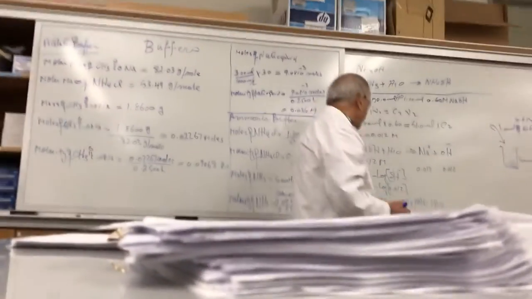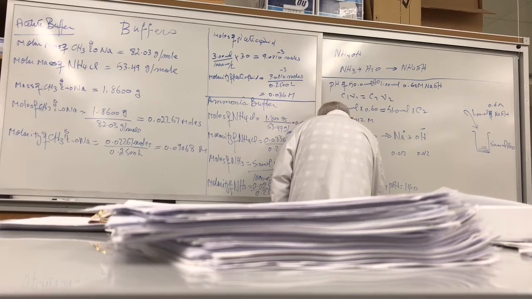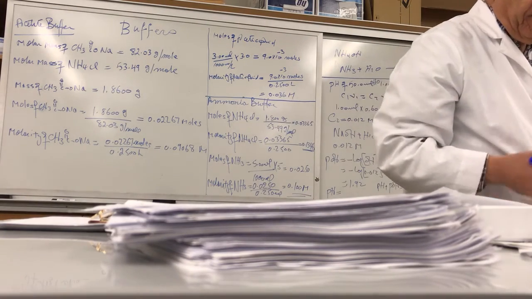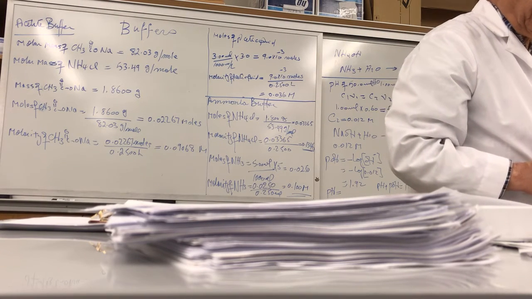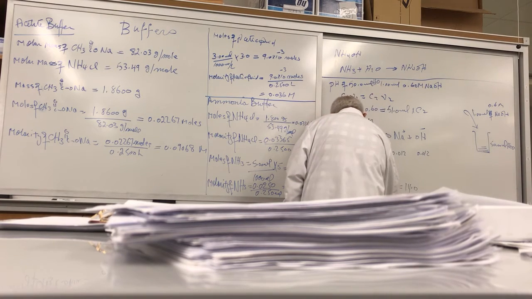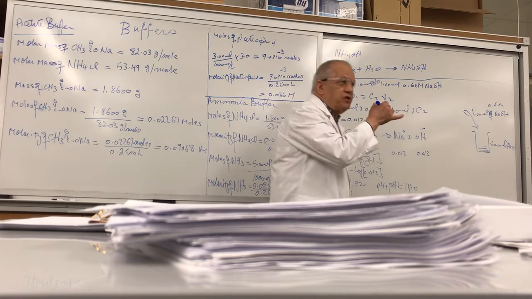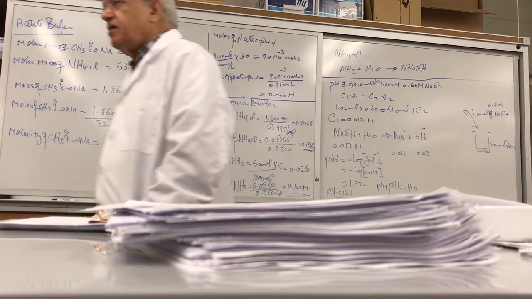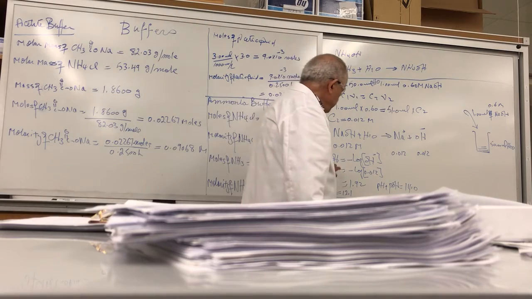Okay, so from that you subtract, and your pH equals 12.1. You can take it to 12.1. The main thing is the principle. I want you to understand the basis, how you do this calculation. Okay?